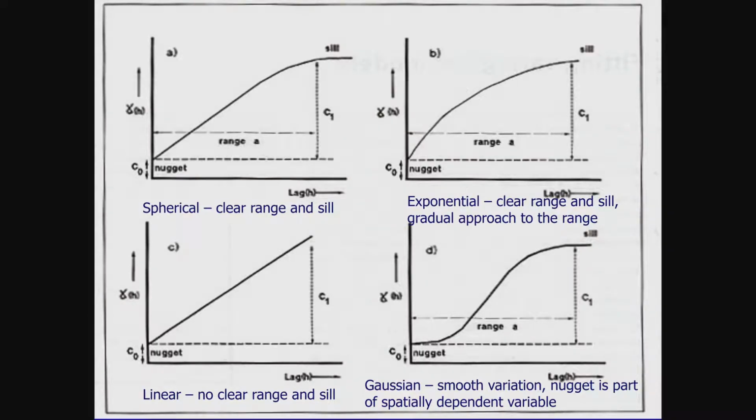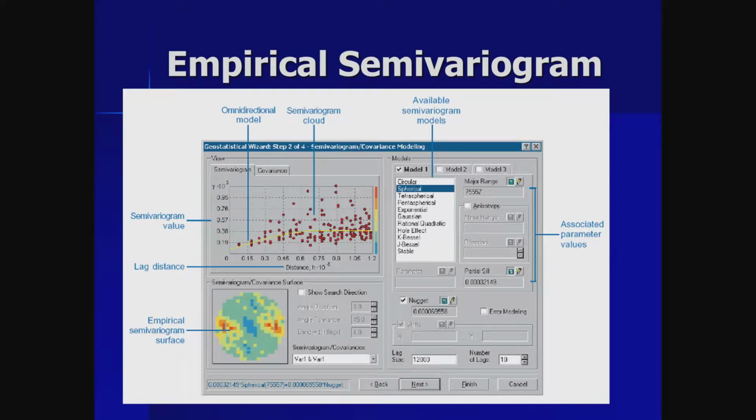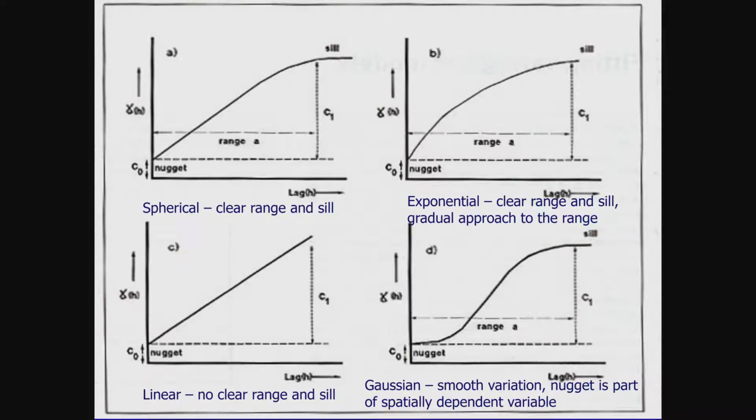These are a few different approaches to modeling the semi-variogram. So this is what these choices are. There's more choices here than there are here, but if you choose spherical, it will choose this model that goes up and creates a bend for the sill.